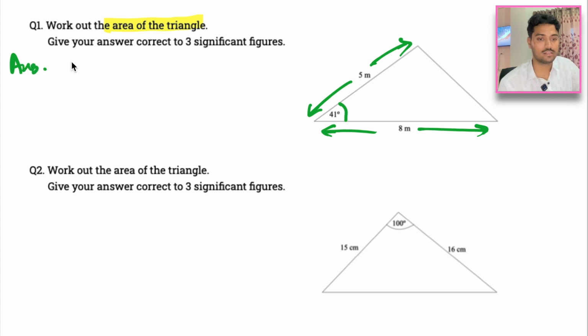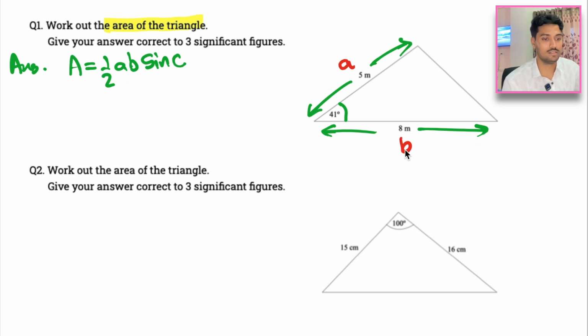We know that area is half base into height, but in this case, because the height is not known to us, we will use half AB sine C. If you want to label it, you can label this as A, this as B, and this as capital C, and the opposite side is marked as small a, small b, and small c.